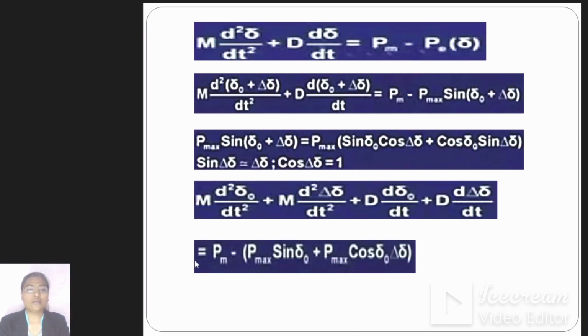Then you can write this as the total mechanical input power Pm minus P max sine delta 0 plus P max cos delta 0 into delta delta.